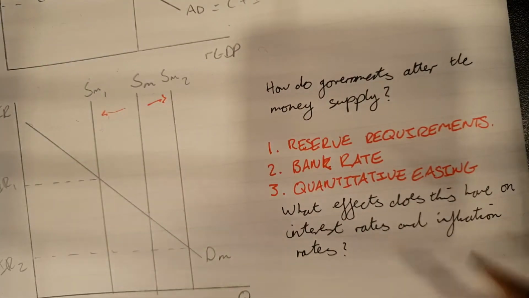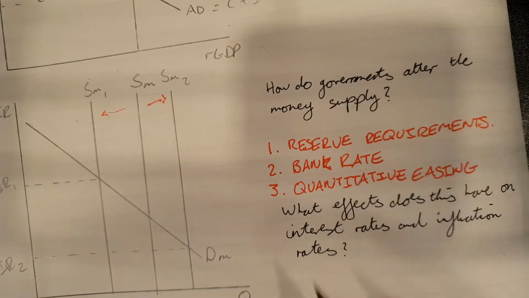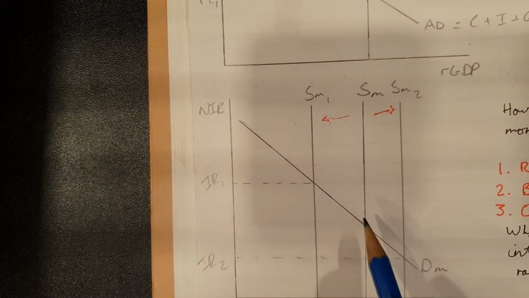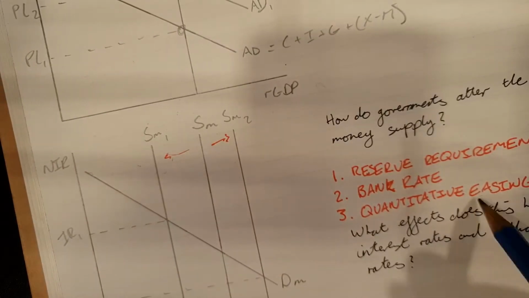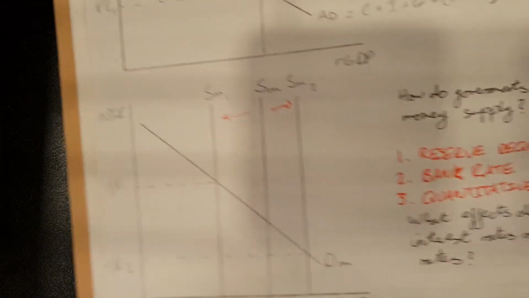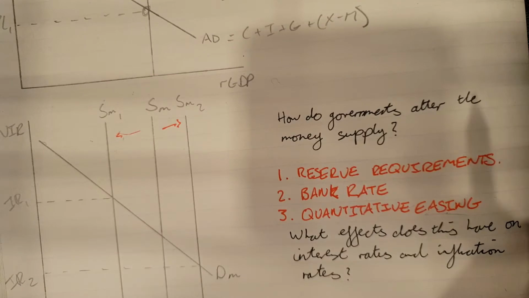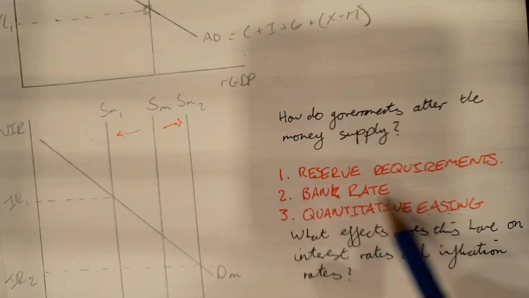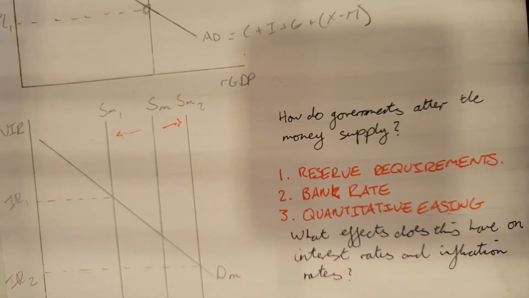So they buy corporate bonds, companies receive the cash, and that increases money. So this quantitative easing is always an increase in the money supply. That's what the easing means, an increase in the money supply. So this is how banks mainly alter the money supply. In the UK, we don't have reserve requirements, so it's mainly bank rates since we don't do quantitative easing anymore.